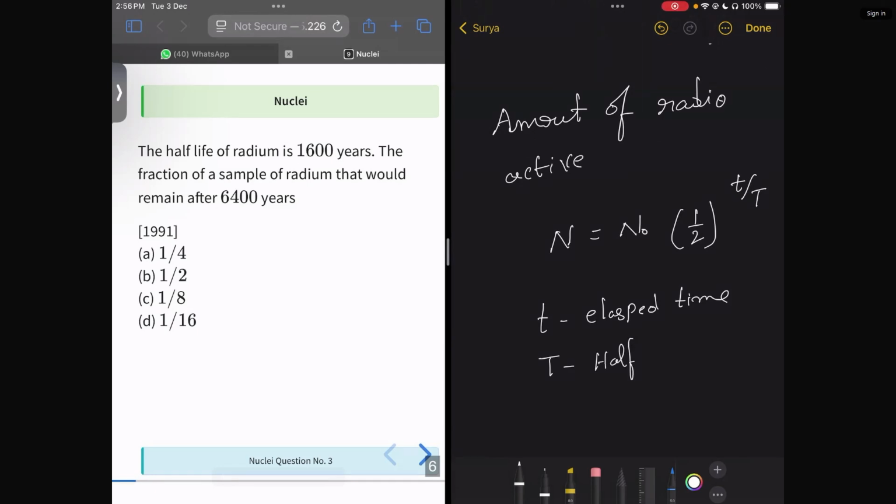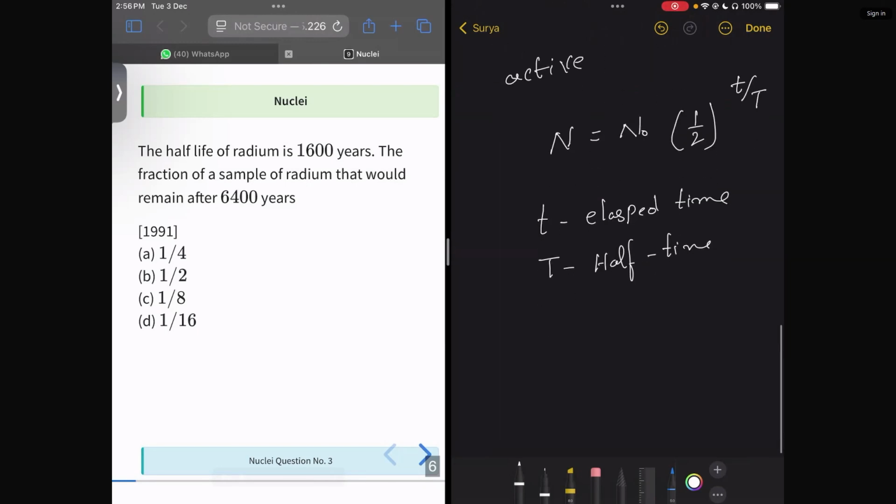So the elapsed time they have given is 6400 years, and the half-life of the radium is 1600 years, right?